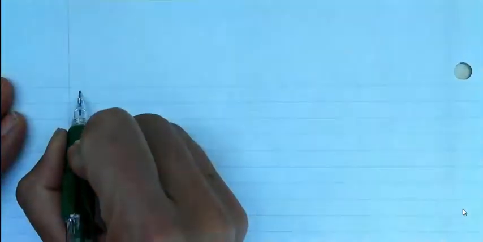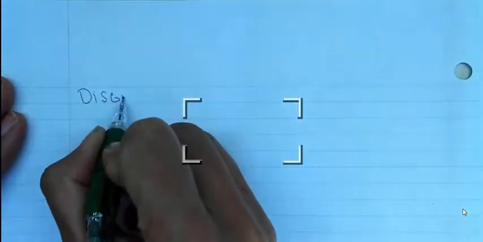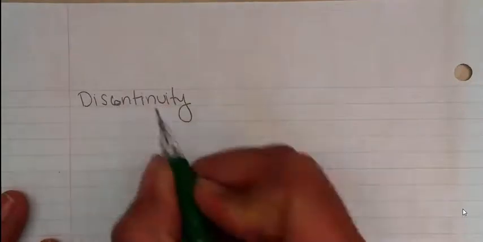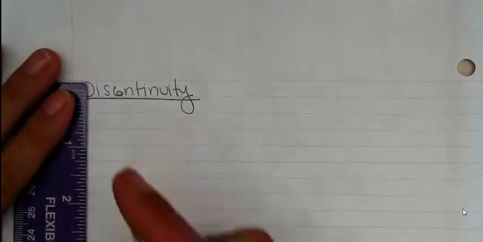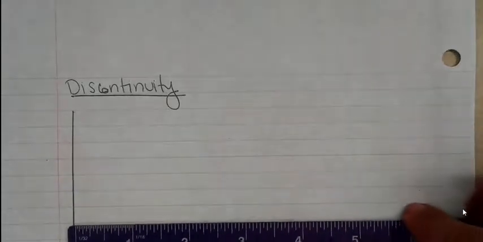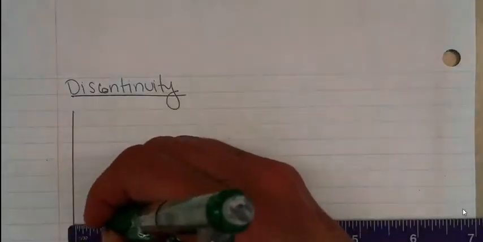So there are different types of discontinuity of a function. And some discontinuities will allow you to have a limit, and other discontinuities you will not be able to have a limit. Discontinuity. Alright, so let's graph a function here. We'll use this as our example to kind of guide our thoughts.